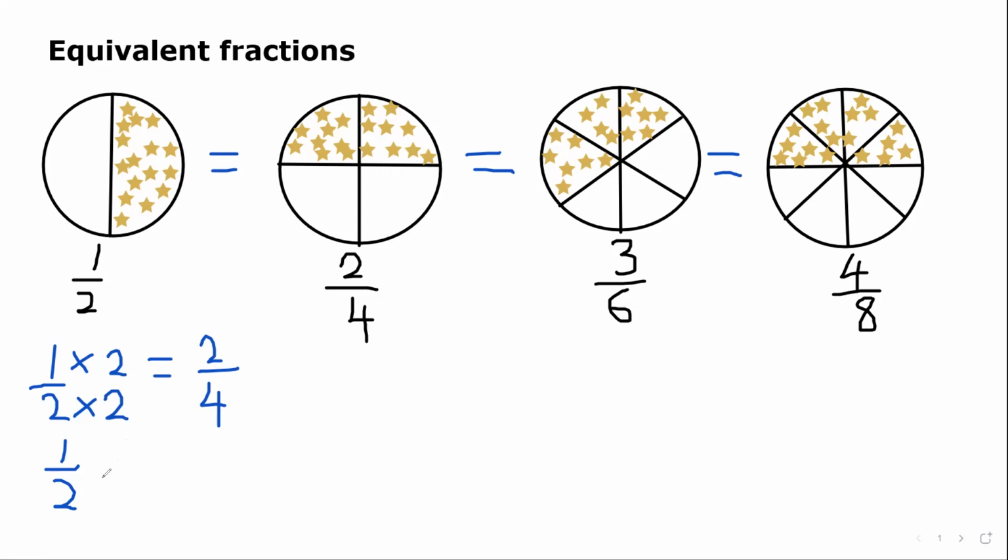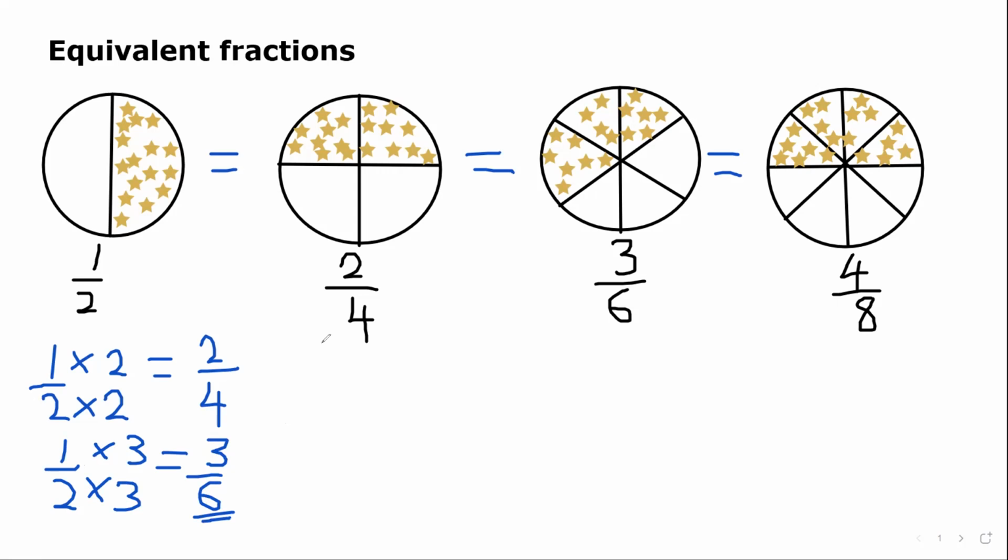Then you can also pick the number 3 to multiply the denominator here, okay? And then the same 3 must also be used to multiply the numerator, and let's see what we get here. 3 times 1 will give you what? 3, and then 2 times 3 will give you what? 6, which means that 3 over 6 is equal to 1 over 2.